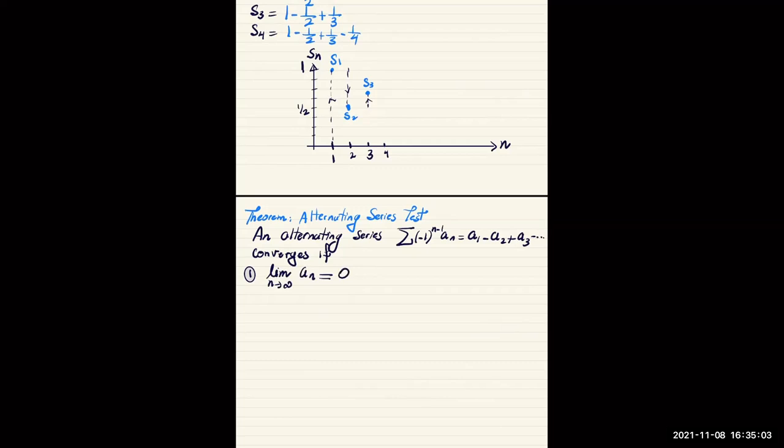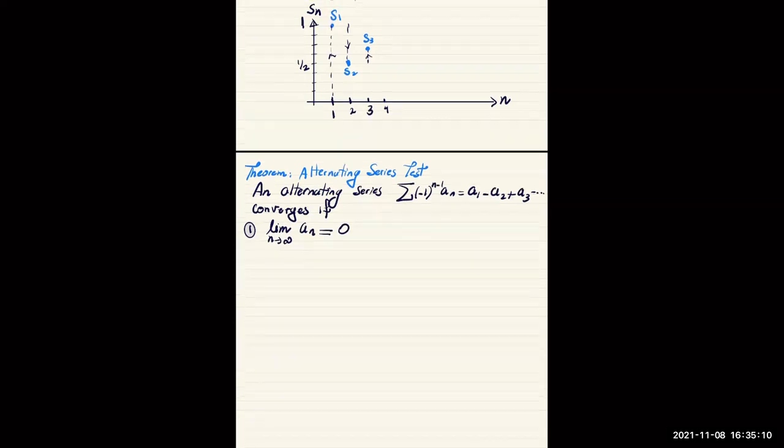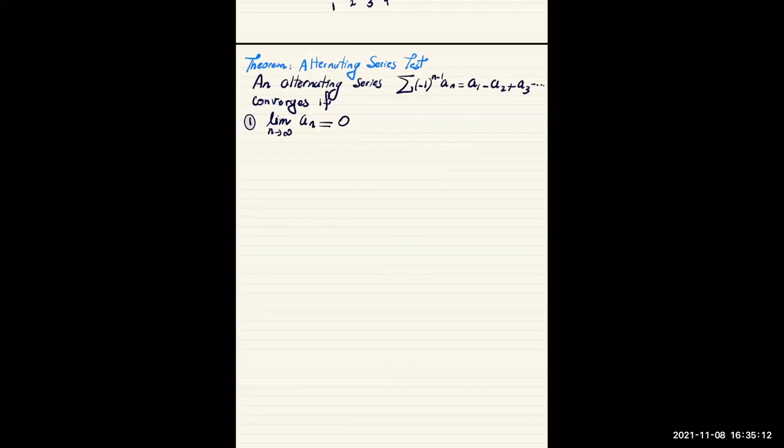Imagine, guys, if the limit doesn't go to 0. Here, I'll discuss what happens if the limit doesn't go to 0. So these are the reasons. Assume the limit as n goes to infinity of a sub n is equal to a number L, and L is not 0.